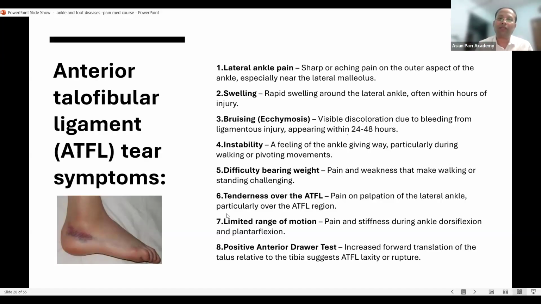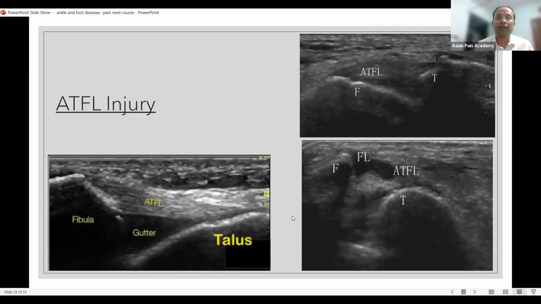Press there and you will see tenderness, limited range of motion, and a positive anterior drawer test. It is like increased forward translation of the talus relative to the tibia, which suggests ATFL laxity or rupture. This is also seen while examining.